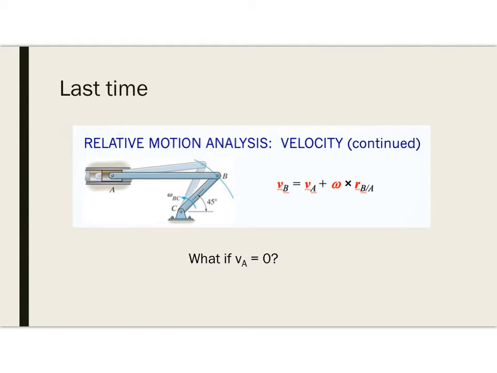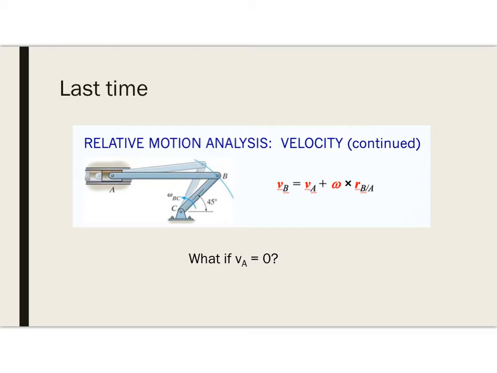So in the last video, we talked about relative motion analysis, basically the idea that if you have a linkage and you know the speed of one part of the object as it's rotating, then you can find the velocity at another point, given knowing the angular velocity and the vector that goes from the first point to the second point.